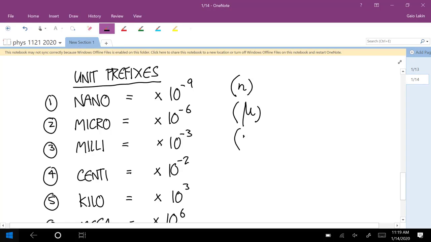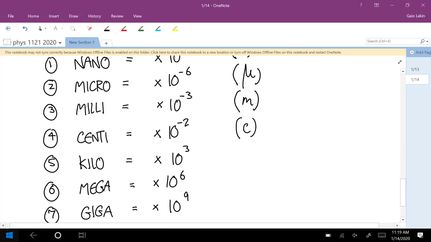Milli is a lowercase m. Centi is a lowercase c. Kilo is a lowercase k. Mega is an uppercase M. And giga is an uppercase G.